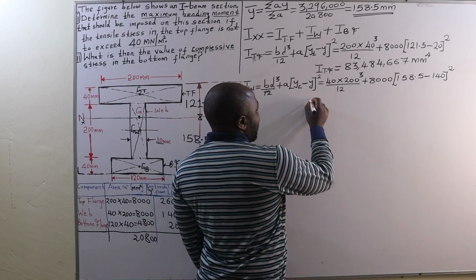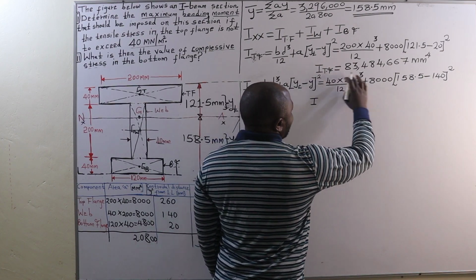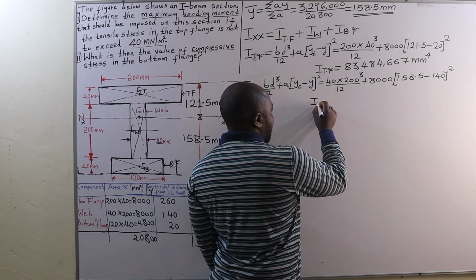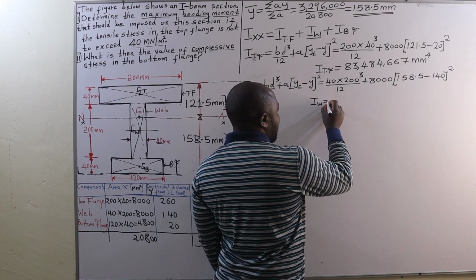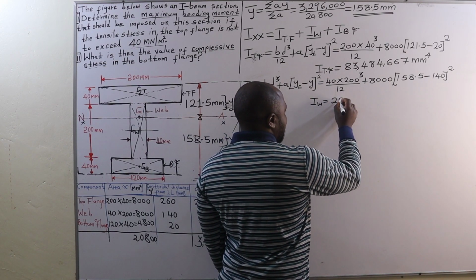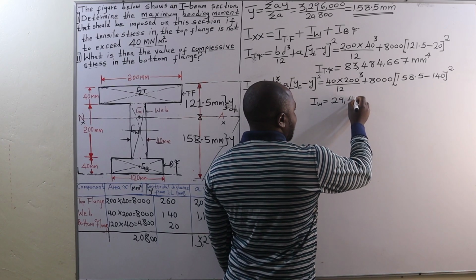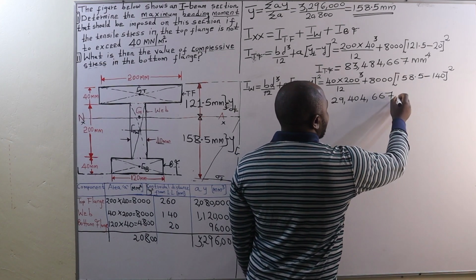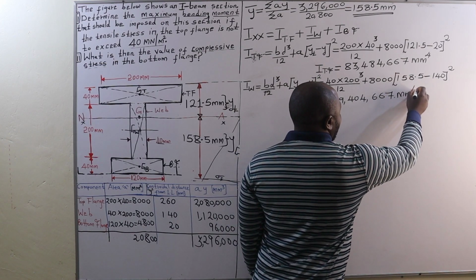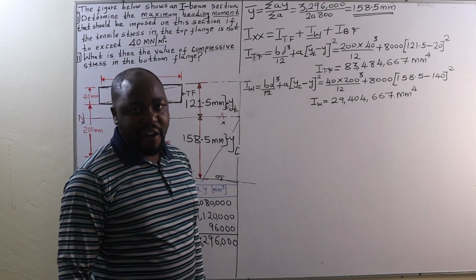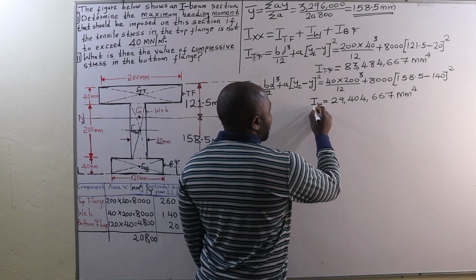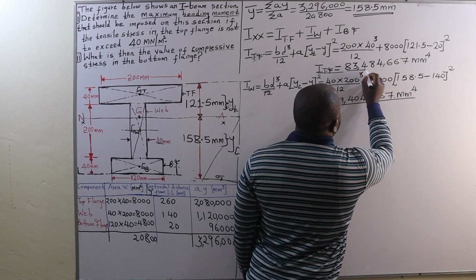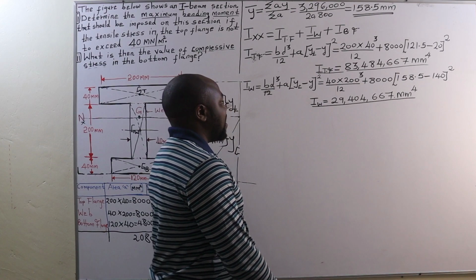Now, when we use a calculator to determine the value of that, we are going to have the moment of inertia of the web about the neutral axis being 29,404,667 millimeters raised to the power of 4. So that is the moment of inertia of the web about the neutral axis.